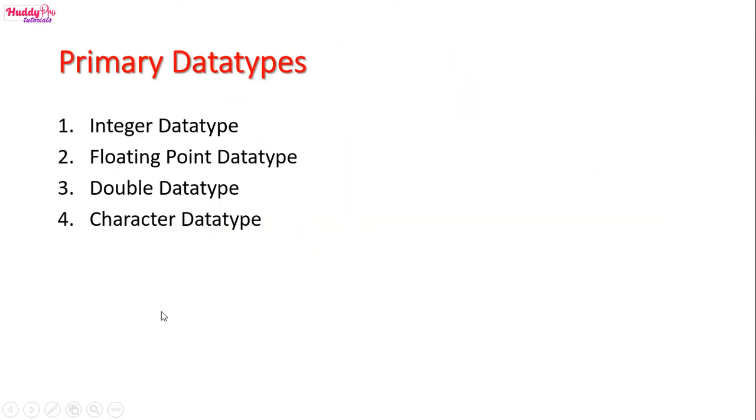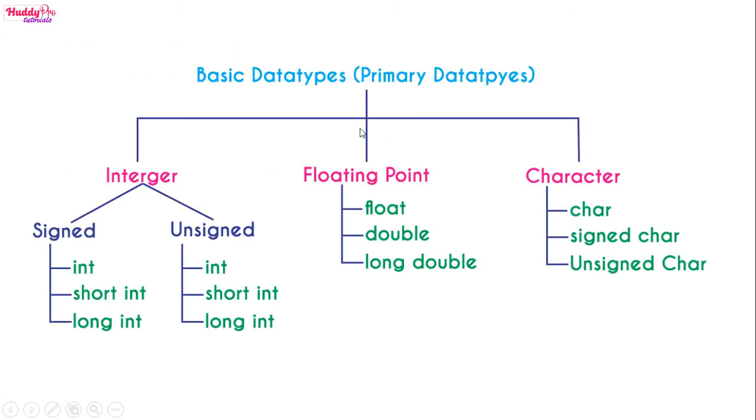Then we are going to look at the primary data types. Under primary data types, we have the integer, floating point, double, and character data types. This is also trying to show what each entails. The integer can either be signed or unsigned: int, short, long, and so on.